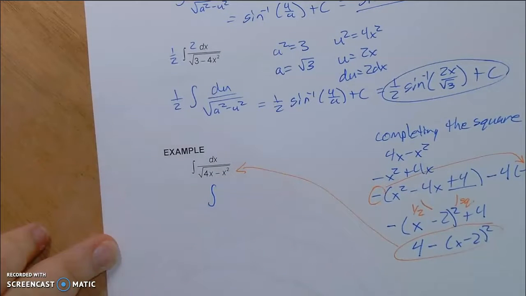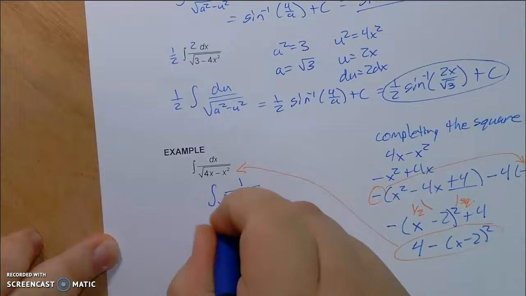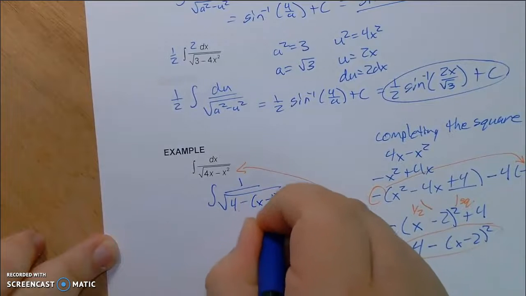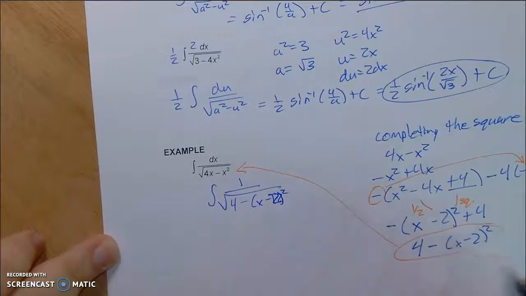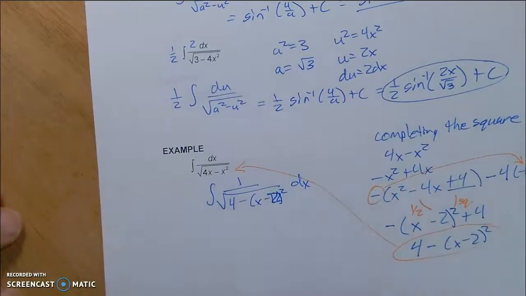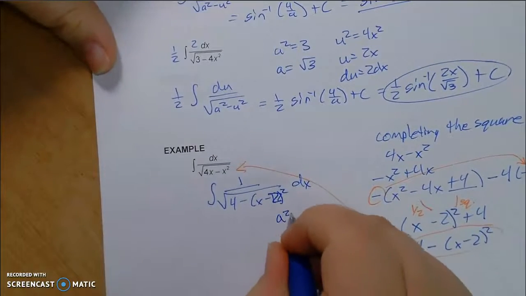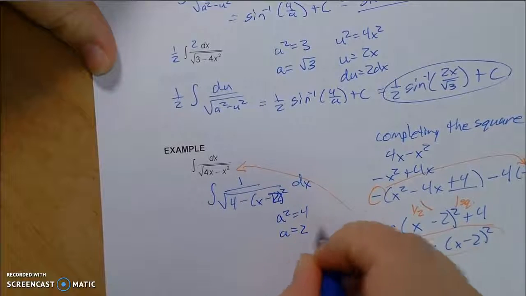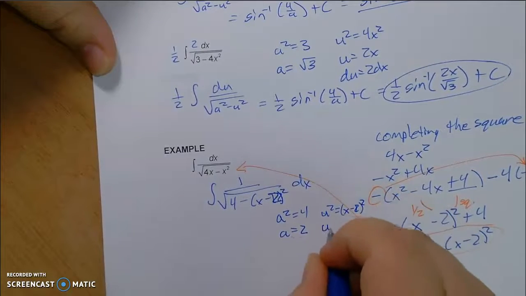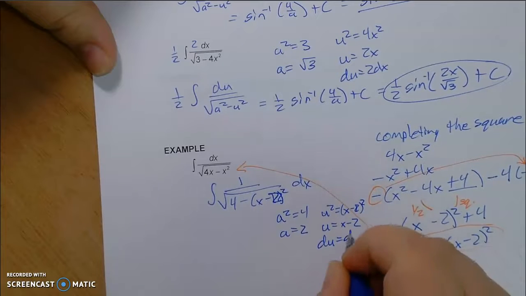We have the integral of 1 over the square root of 4 minus x minus 2, squared dx. So then we go into our routine. a squared equals 4, a equals 2, u squared equals x minus 2 squared, u is x minus 2, du is dx.